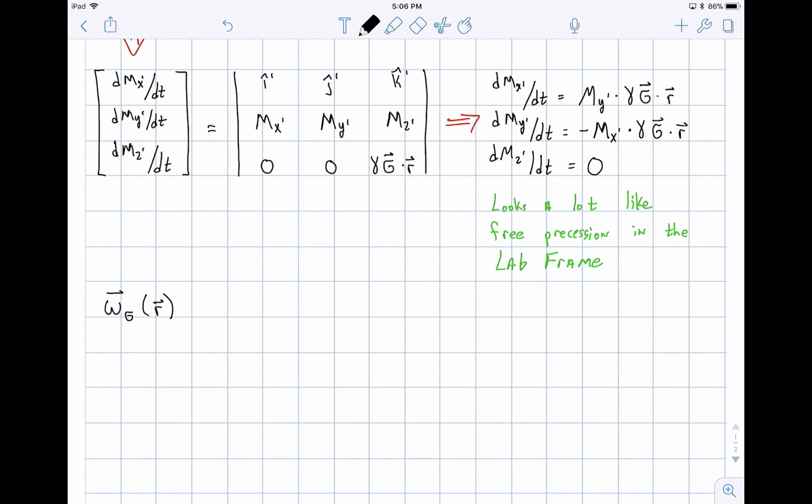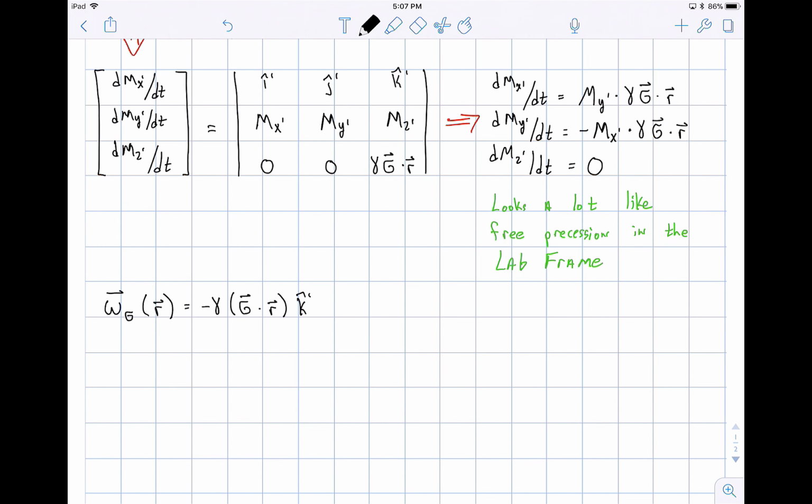We write position vectors as r vectors, so that tells us where we are relative to isocenter. The solution to that system of equations would tell us that the precessional frequency that varies over space depends on minus gamma times our gradient vector dotted with our position vector, and it's all happening around the k direction.